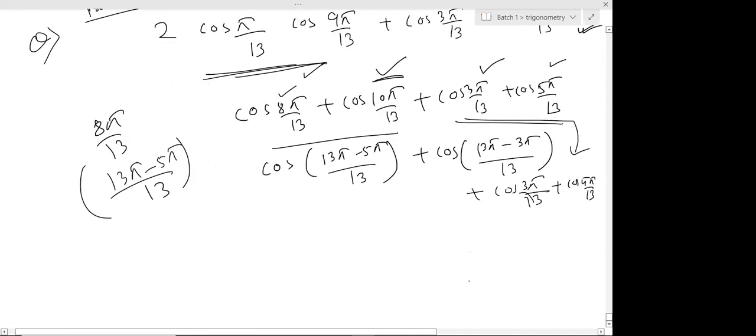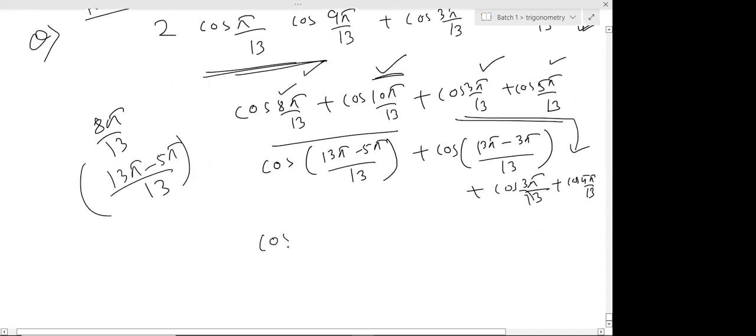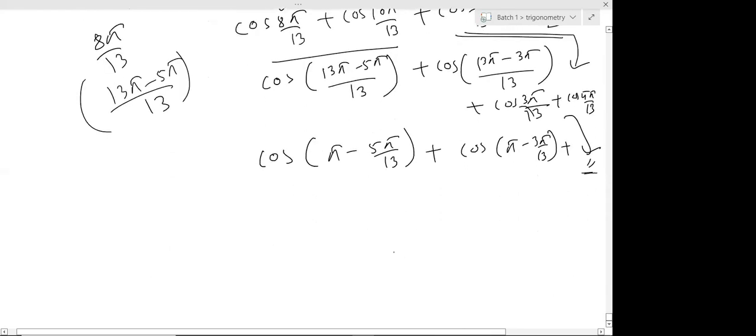Right, absolutely. So this is cos of pi minus 5 pi by 13 plus cos of pi minus 3 pi by 13, and this as it is.